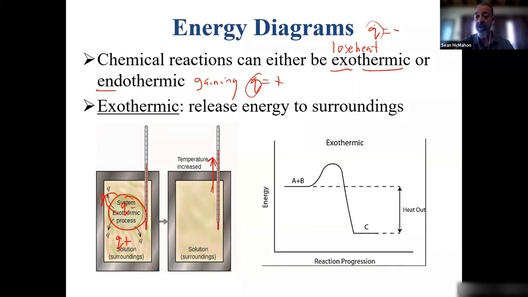But with exothermic reactions, the way they work is they go from higher potential energy to lower potential energy. That's why I have this graph. You can think of this as my potential energy. Where are we getting the potential energy? The stored energy based on position. The bonds. Remember I said electrons and their distance to the nuclei?